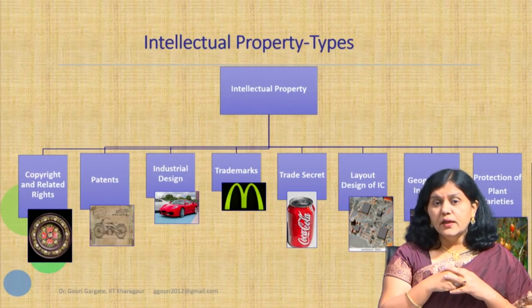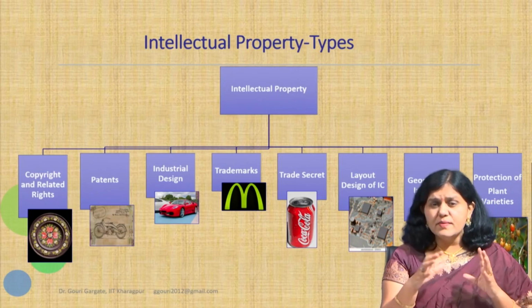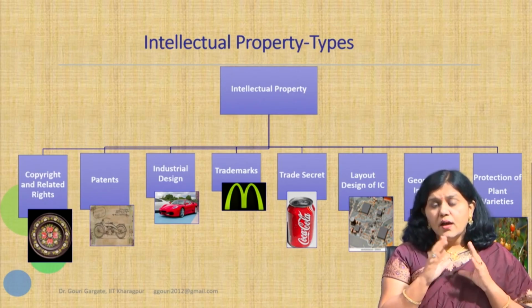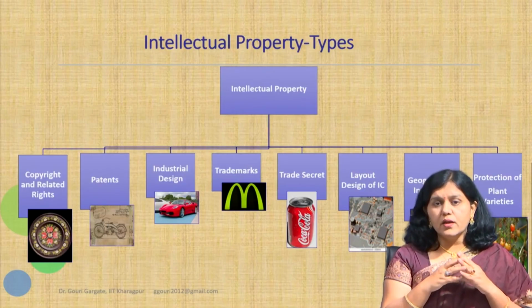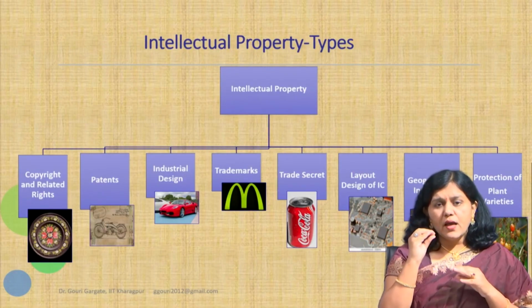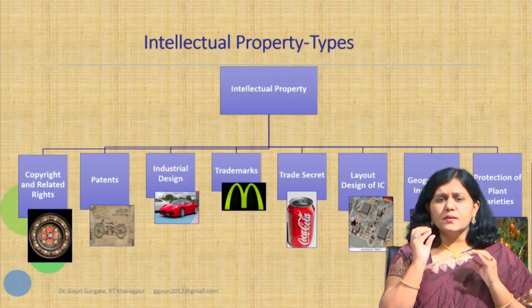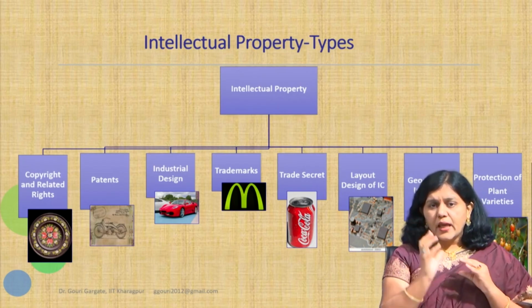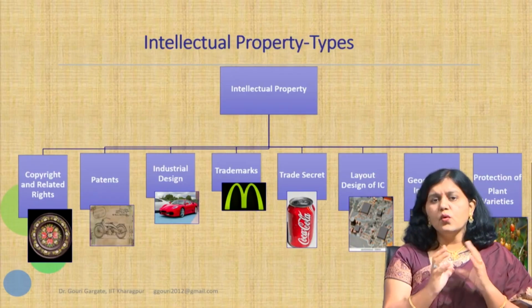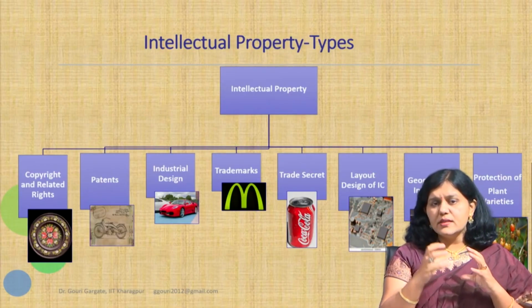Then you go to the trade secret. This is a very, very important kind of intellectual property in any business, because you have to remember that in every business there is some know-how or tacit knowledge that is kept as a secret, known to only a few people, and that makes your business special.